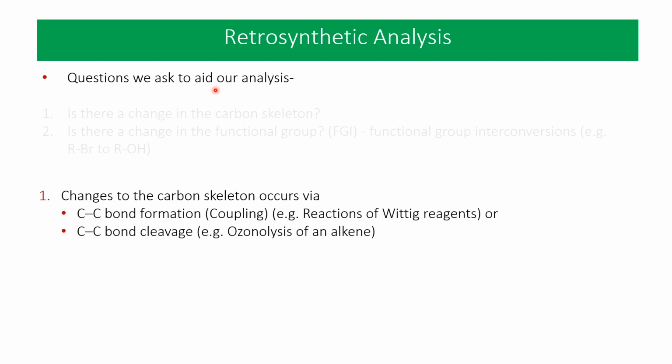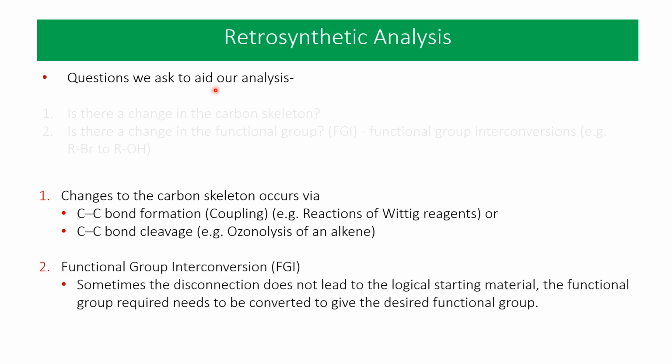If there was a change in the carbon skeleton, it most likely came from a type of coupling reaction, say for example a Wittig, or a cleavage reaction, say for example ozonolysis of an alkene. Sometimes the disconnection does not lead to our starting material, and a functional group conversion is desired.